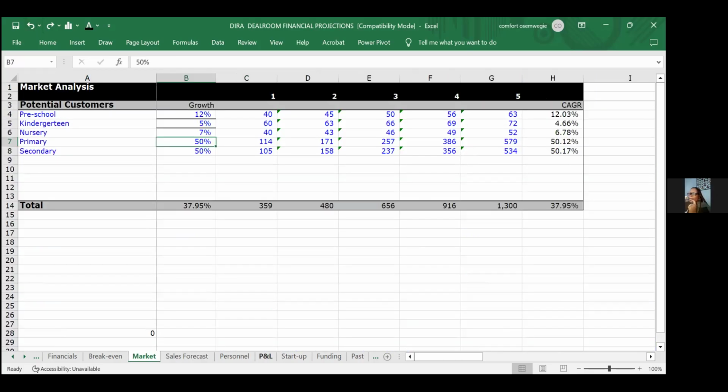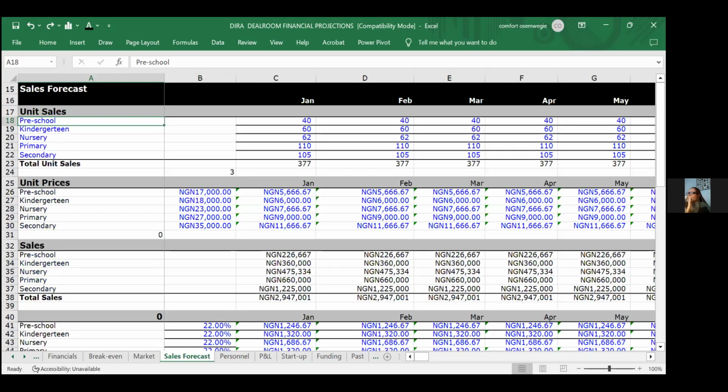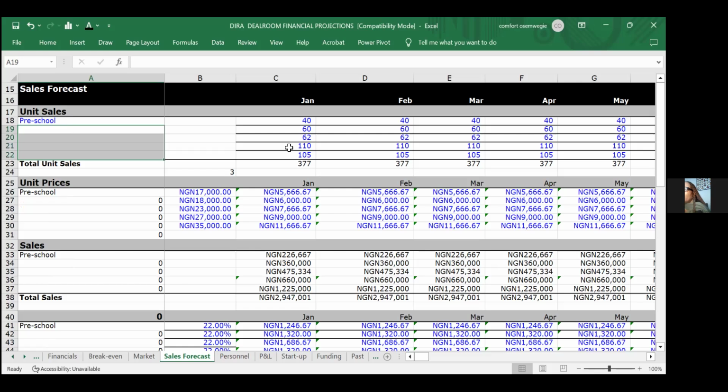Okay, so I'm back. Sales forecast. It's a sheet that is very sensitive, so if you do anything wrong, it gives you some serious errors. So I'm going to clean off again, but this time around, I won't hide. I will just leave it. App subscription, hotel.